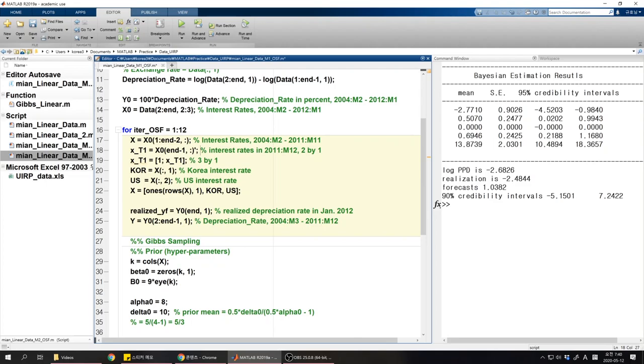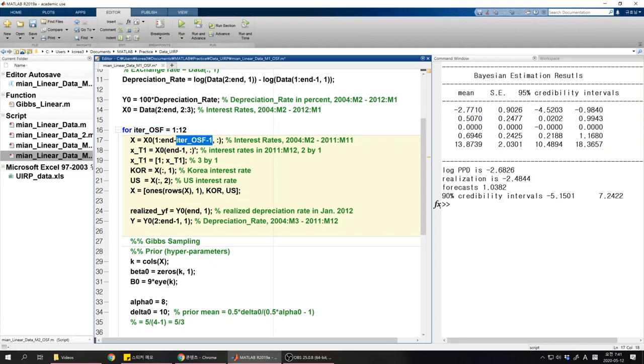So here, ND minus 2 needs to be itr_OSF minus 1. Why? Because when itr_OSF is 1, this is ND minus 1; when it is 2, this is minus 2. It should be minus 2.